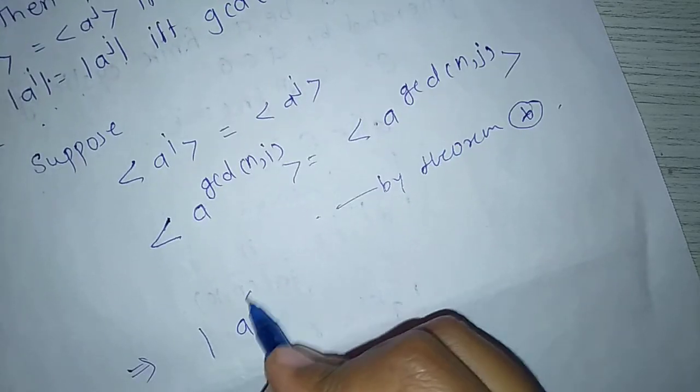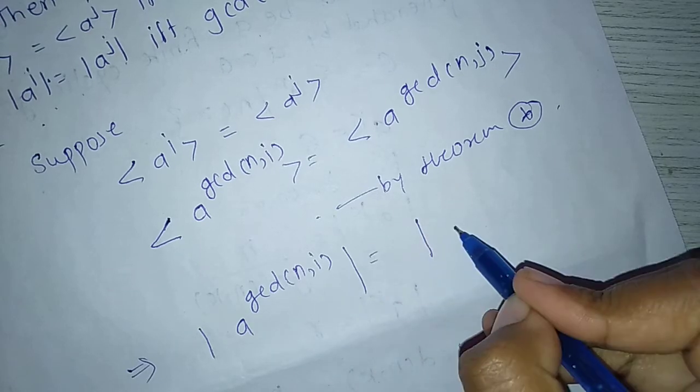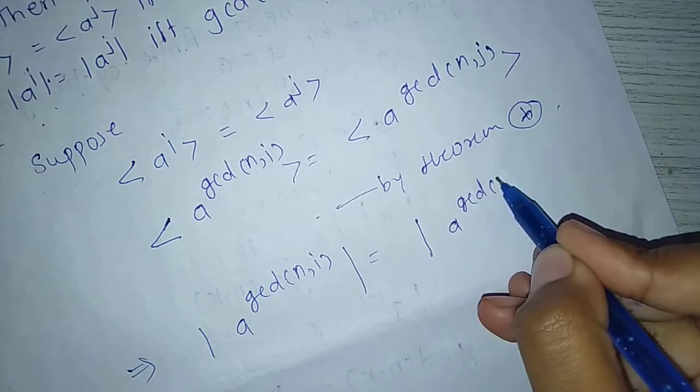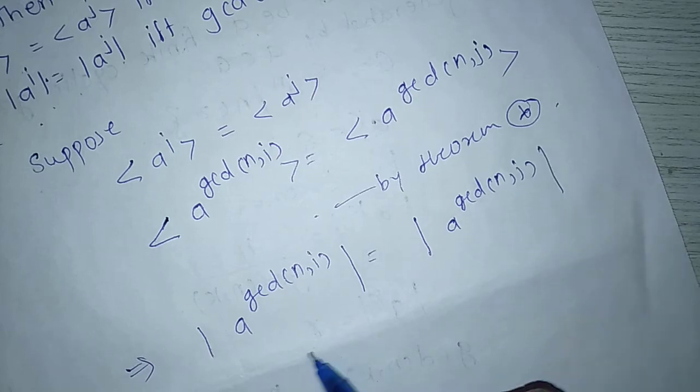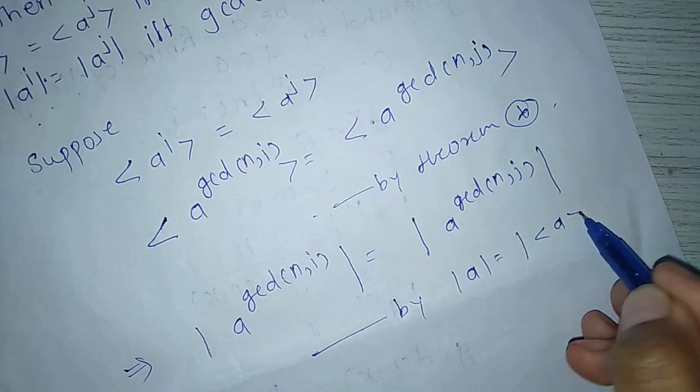So the order of a raised to GCD of ni equals the order of a raised to GCD of nj, by order of a equal to order of the set generated by a.